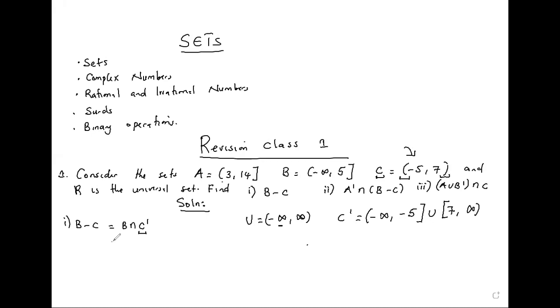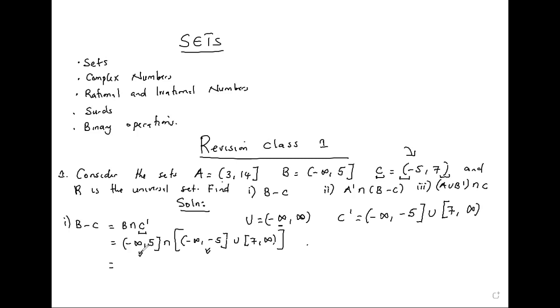Then now you say, okay, so I'm getting B, which is from negative infinity up to 5, intersection the complement, from negative infinity up to -5, union from 7 to infinity, which is equal to, now you check, this interval here runs from negative infinity to -5 and this one from negative infinity to 5.